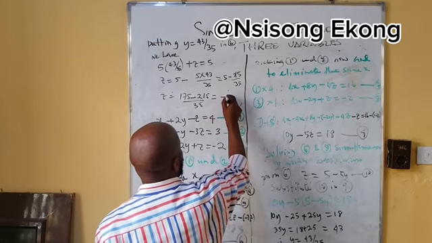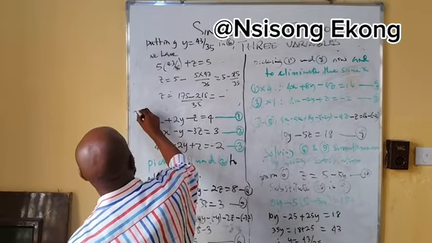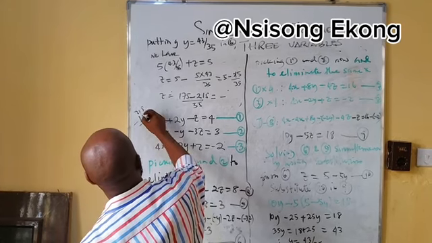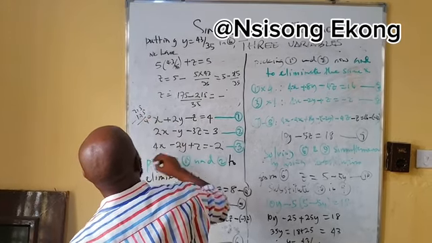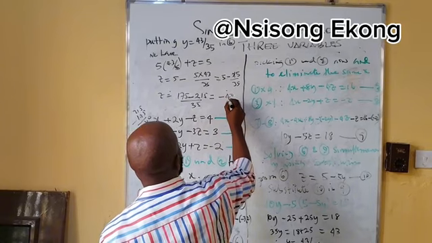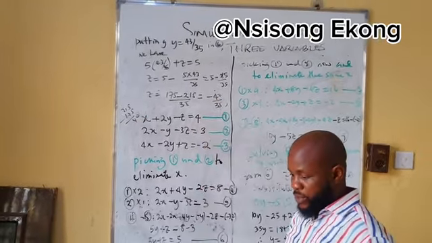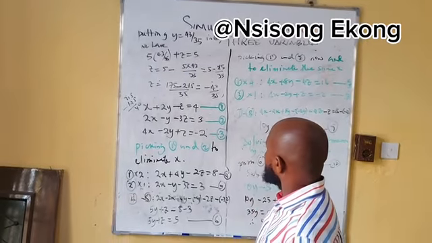And that is minus 215 minus 175, this is 0, this is 4. Minus 40 over 35. So z in this case is minus 40 over 35.